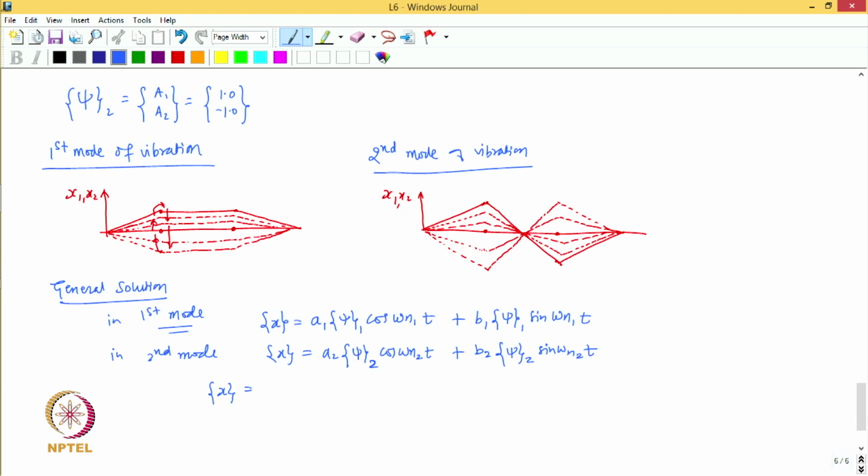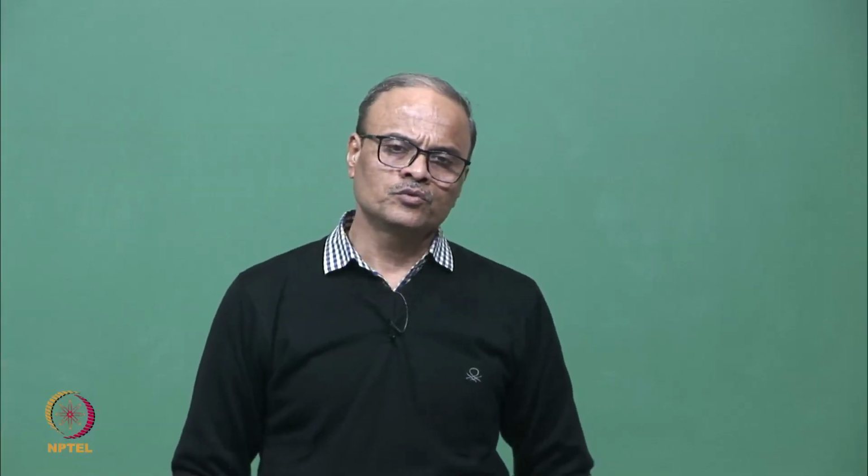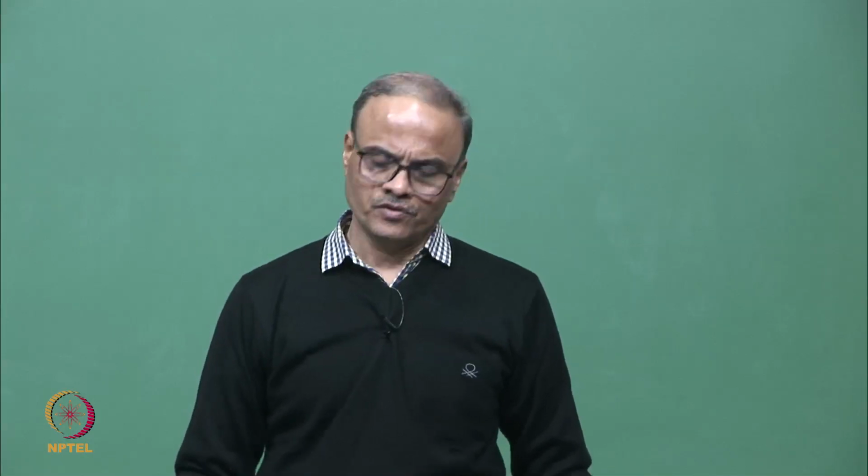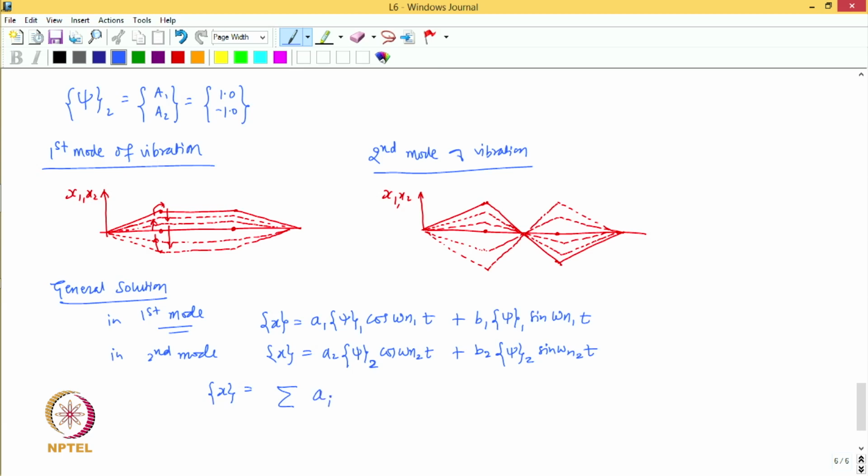So, not only is the motion in the first mode possible, but the motion in the second mode is also possible, and these two together also satisfy the differential equation, and hence we combine these two and we can write it like this: Ai psi i cos omega ni t plus Bi psi i sin omega ni t, right, with i varying from 1 to 2, because there are two modes of vibration.